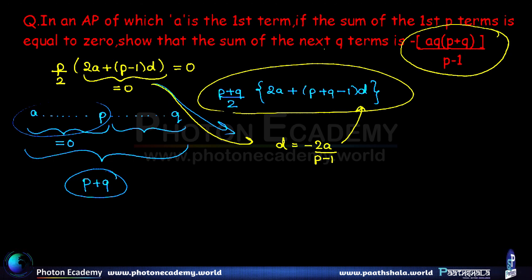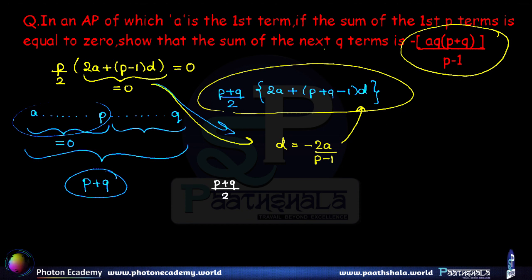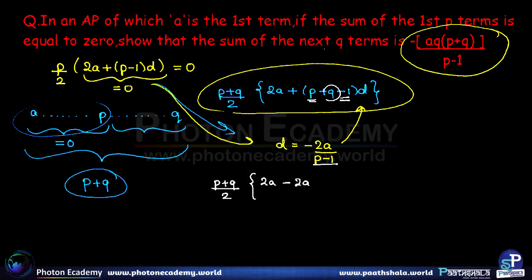So we have (P plus Q) upon 2 into 2A, and then over here we have P minus 1 and we have P minus 1 over here. So let's just write this as minus 2A and we are left with Q. So that will be plus Q into minus 2A upon P minus 1.